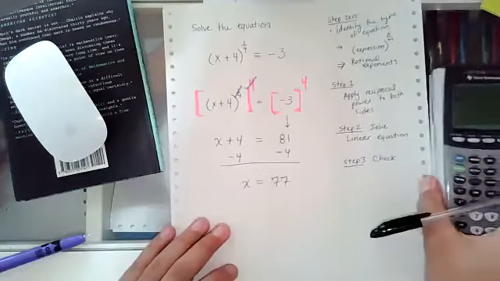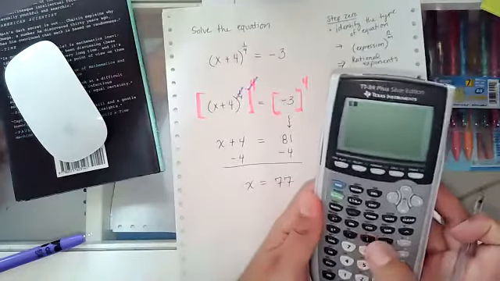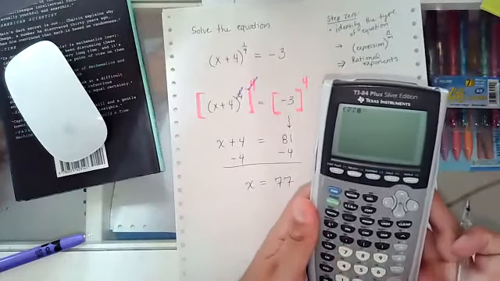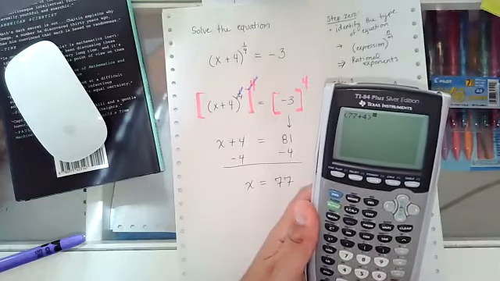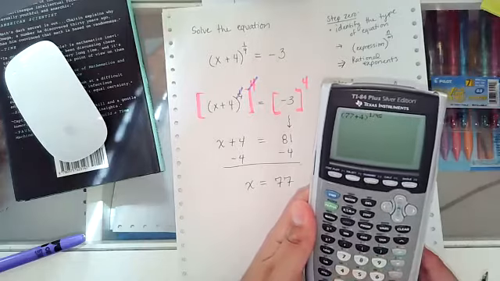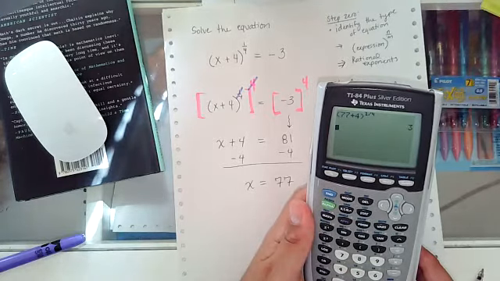Step 3 maybe is to check your solution. So what we might do is use the calculator to say that this is 77 plus 4 raised to the 1/4 power. And we got 3 for some reason.